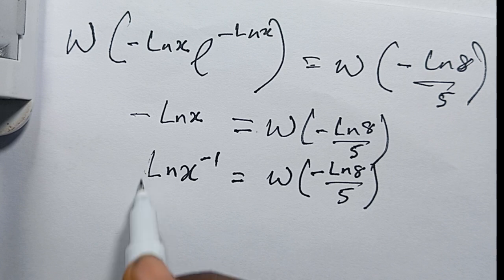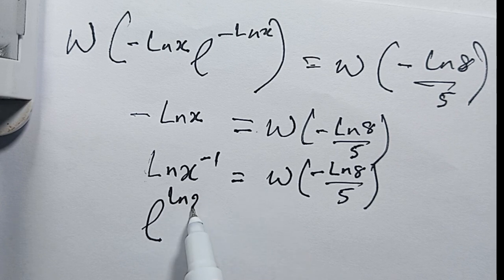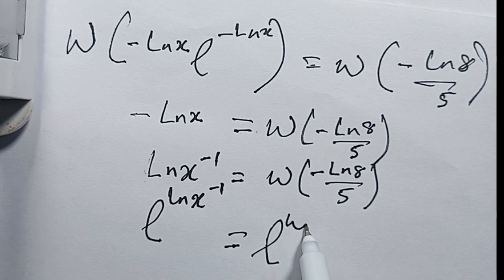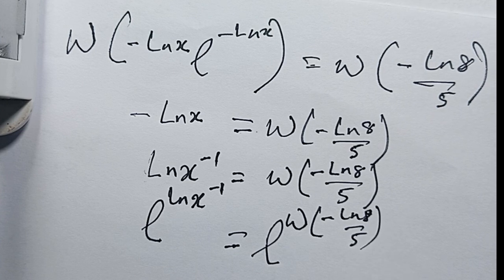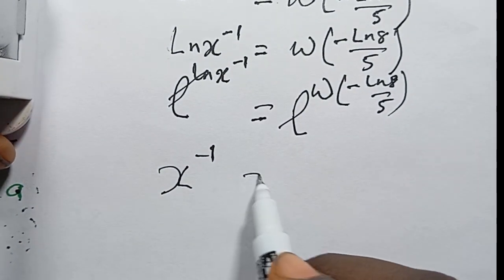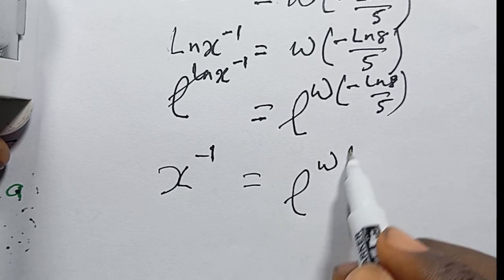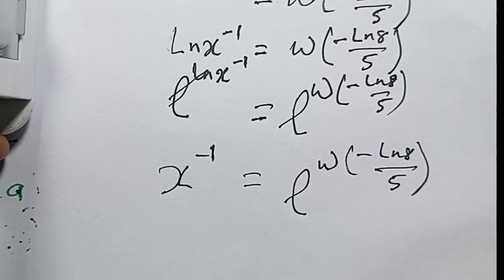Okay, so I'm going to take the exponential of both sides to remove this natural log. If I take the exponential, e to the natural log of x to the power negative 1 is equal to e to the Lambert W function of negative natural log of 8 divided by 5. This is going to deal with this, so I have x to the power negative 1 is equal to e to the Lambert W function of negative natural log of 8 divided by 5.